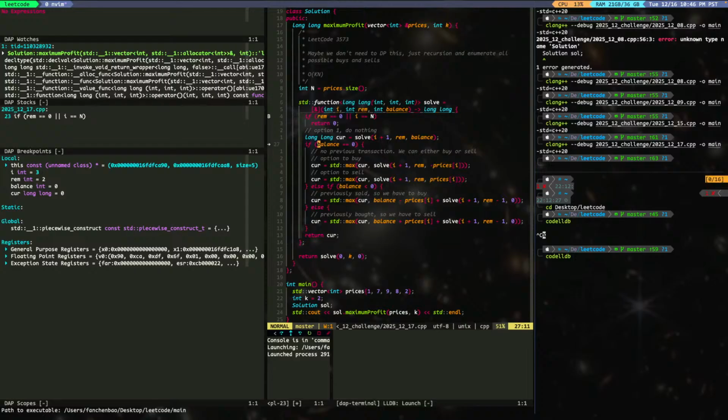So if I sell, it's a +8, then I will buy. So balance is larger than 0. Balance is smaller. Oh, I think I know why.